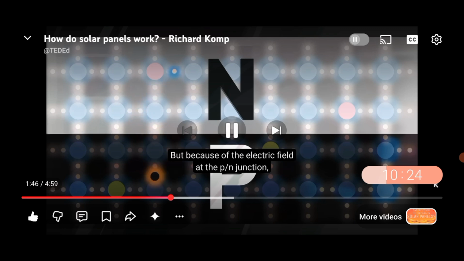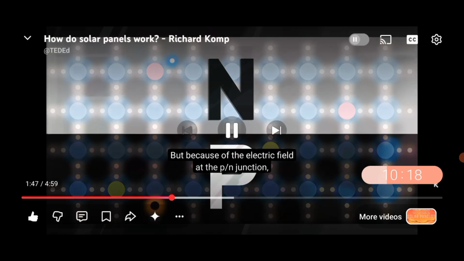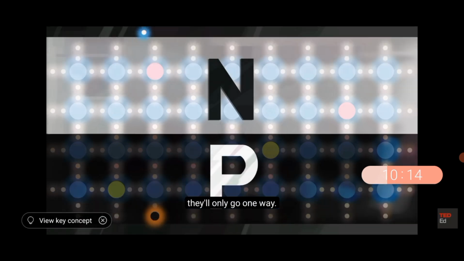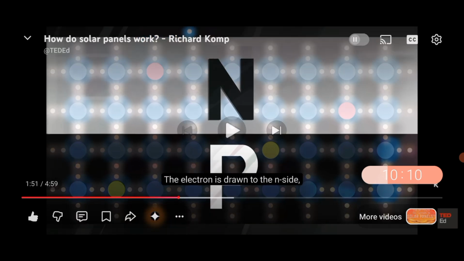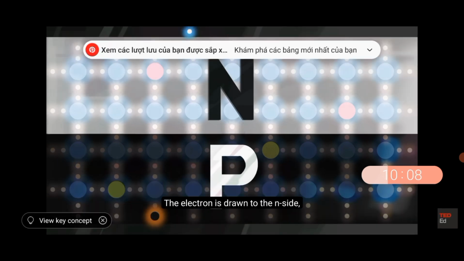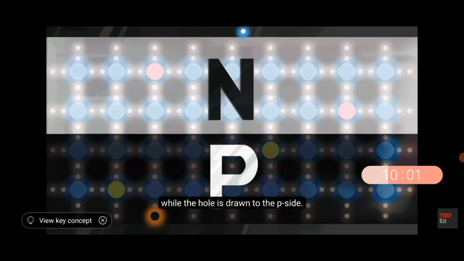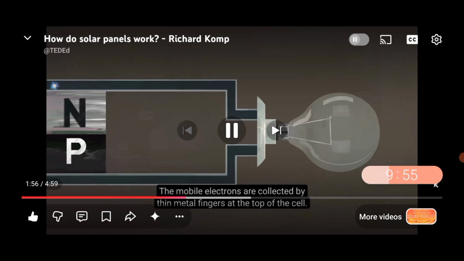But because of the electric field at the p-n junction, they will only go one way. The electron is drawn to the n side, while the hole is drawn to the p side.